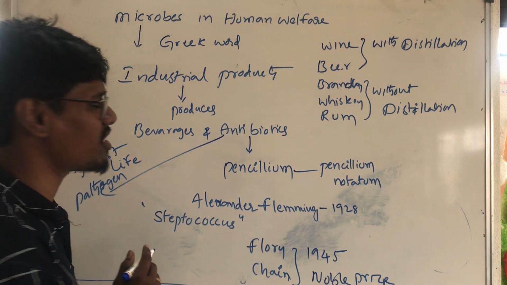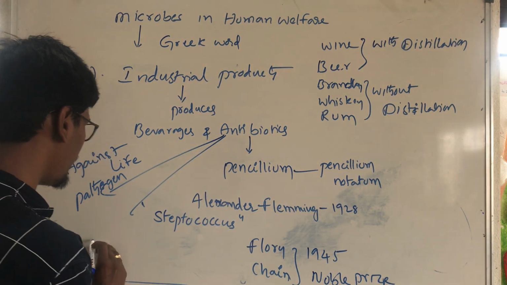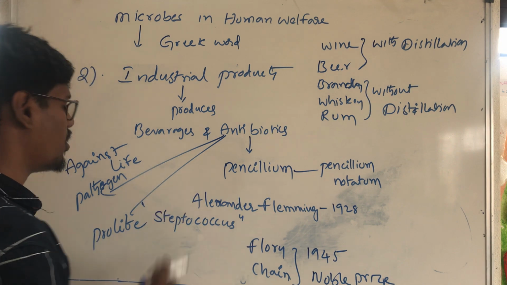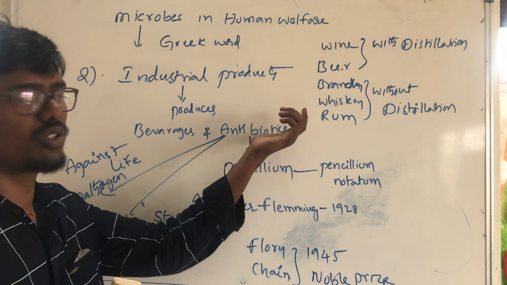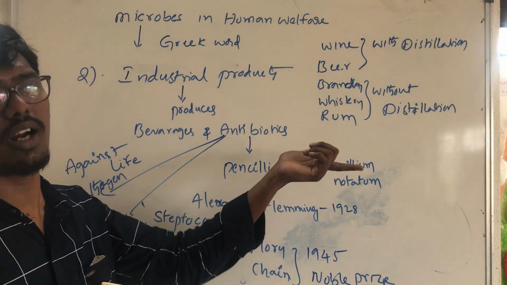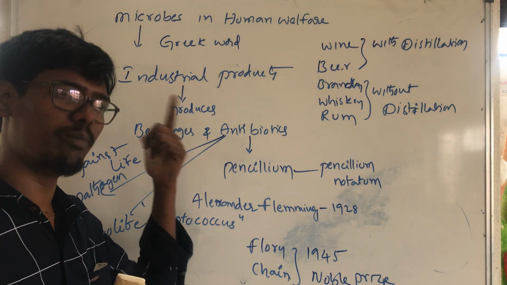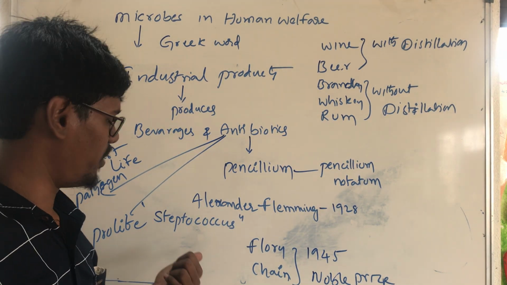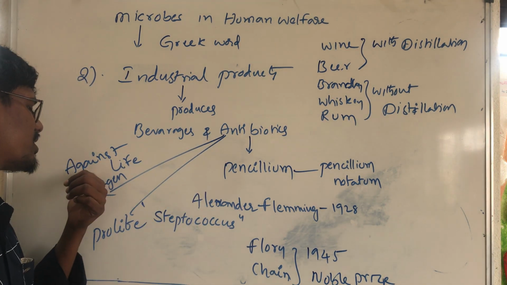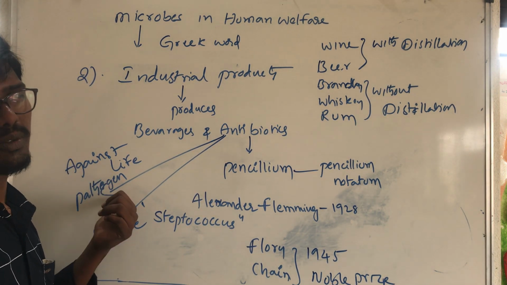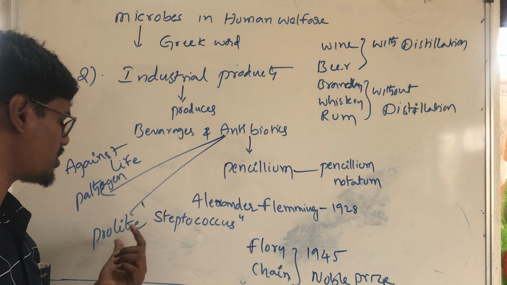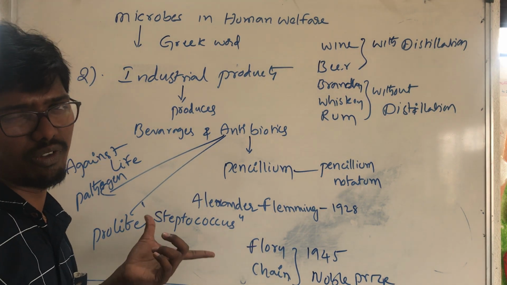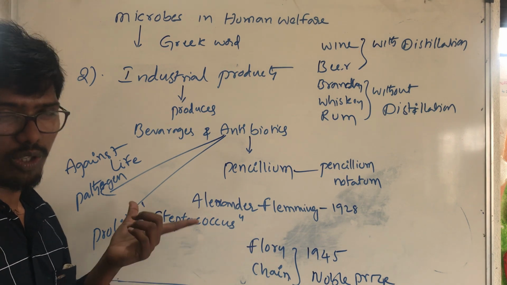In human beings, it is also useful, meaning pro-life. Antibiotics work against microorganisms, to kill the microorganisms, and are useful to human beings. That's why against life is for the microorganisms that are pathogens, while for human beings it is pro-life, also useful.